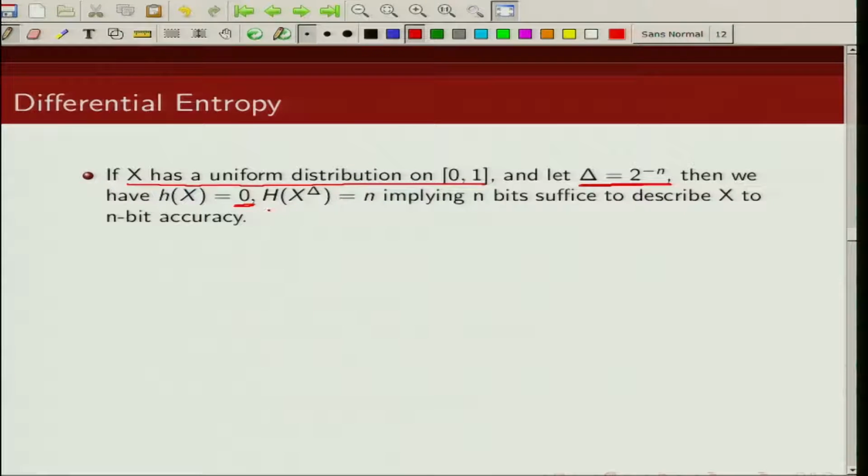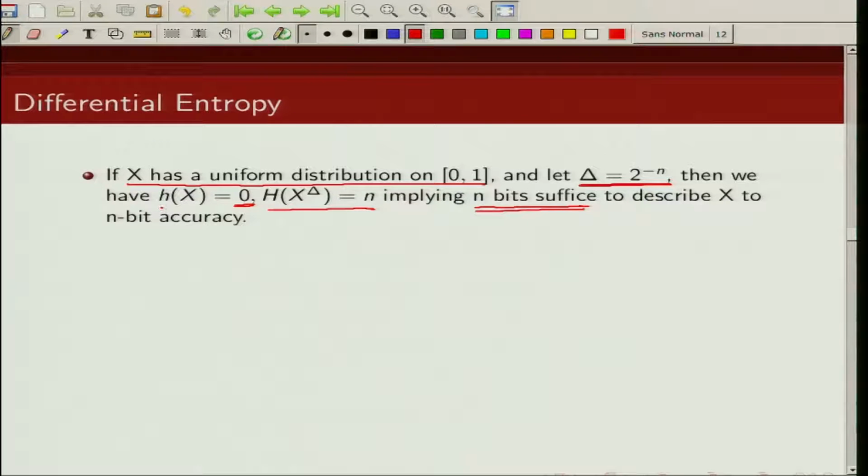So H of x delta will be H of x minus log of delta; minus log of delta is n, and H of x is 0. So H of x delta will be n, which implies that n bits are sufficient to describe x within n-bit accuracy.